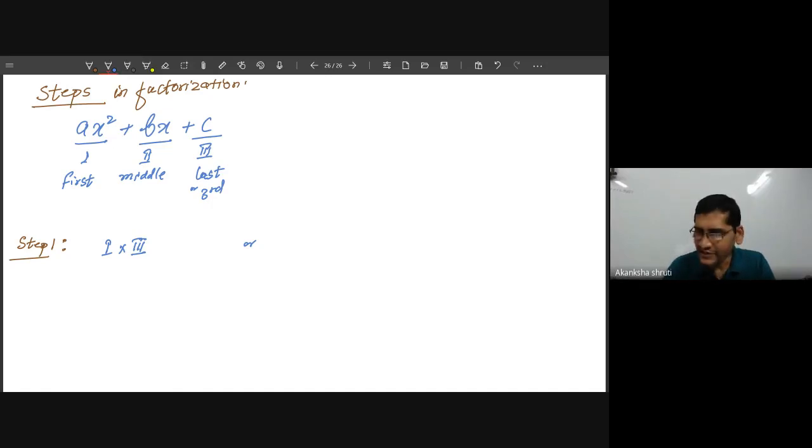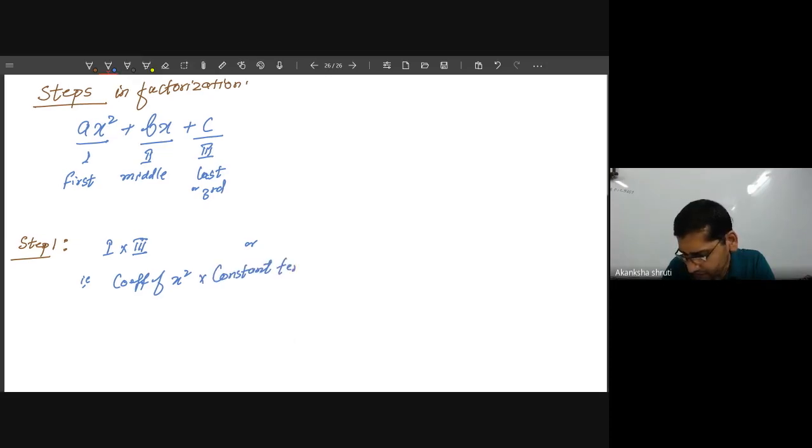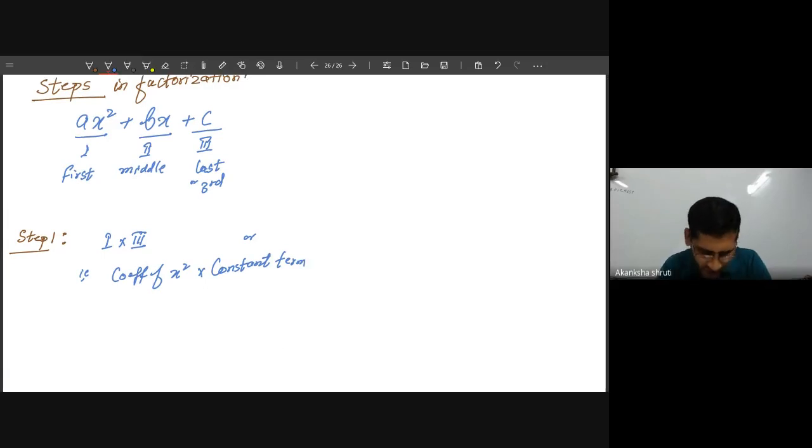But my advice is that you just take the coefficient rather than the entire term. So you first multiply the coefficient of x square with the constant term. What is the coefficient of x square? It is a, to be multiplied with c. That is, ac we first have to calculate.